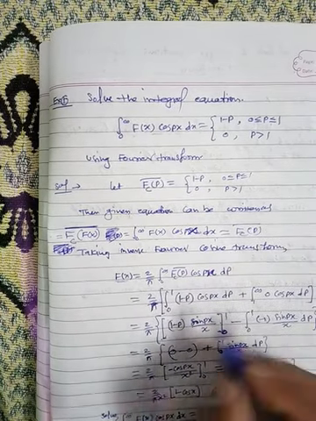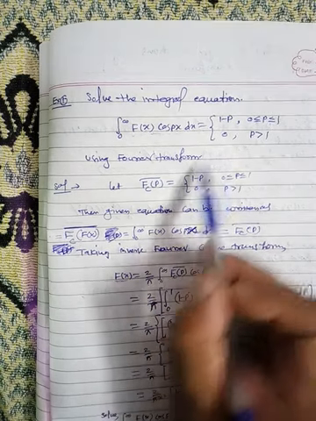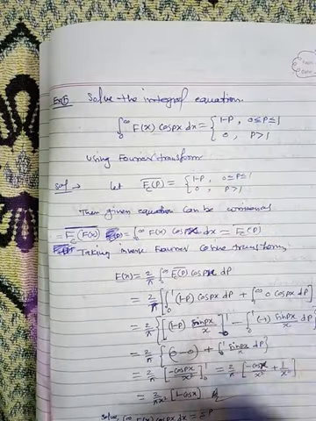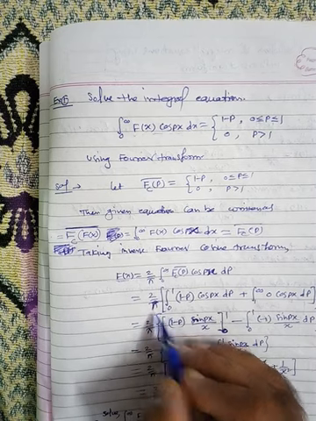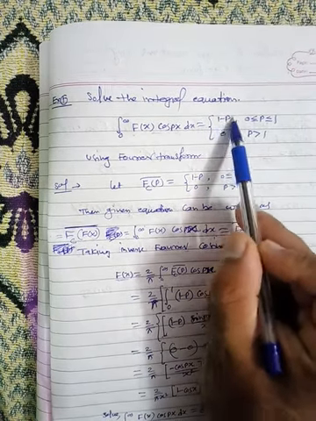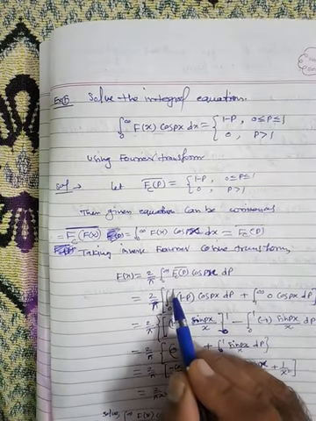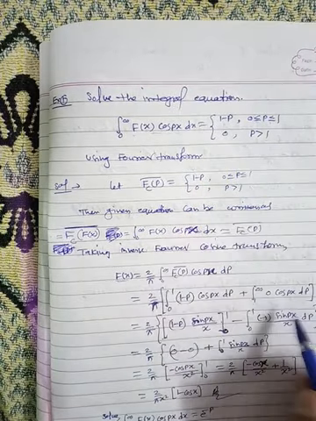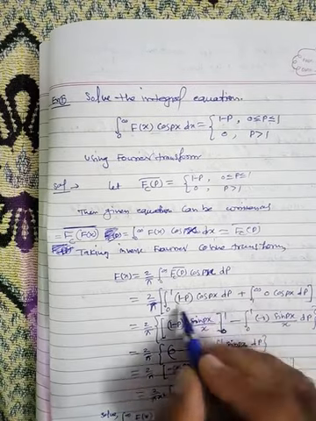Now from 0 to 1 the value of the function will be 1 minus p, and from 1 to infinity the value will be 0, so that part cancels out. So ultimately we get this.